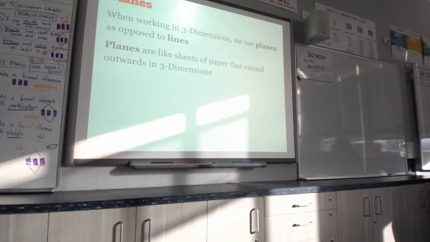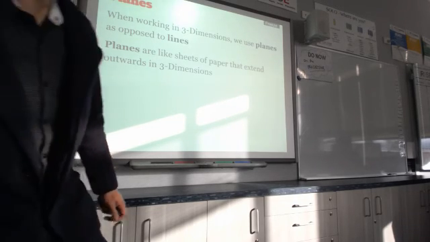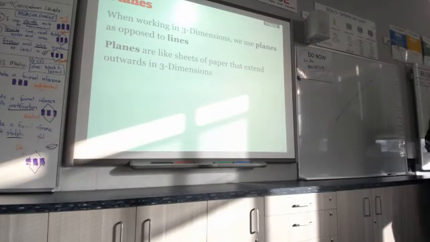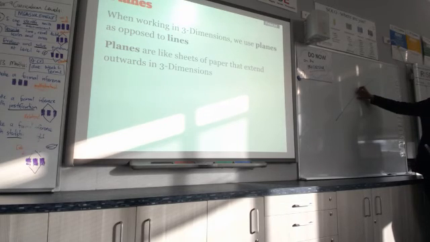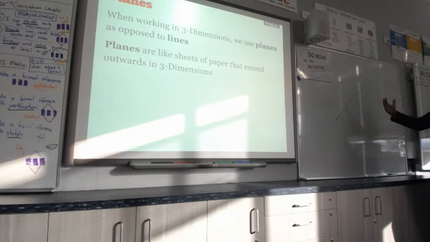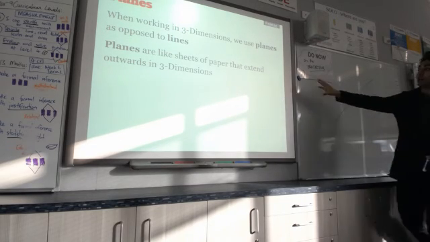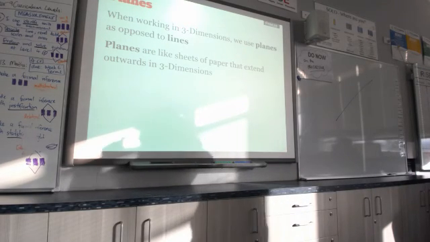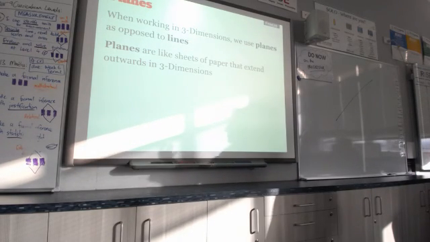So 3 dimensions means that when I'm on the board and I draw a line, that's only 2 dimensions because you've got a height and a width, but it doesn't come out to you. That's on the paper. When you're watching TV, the screen is 2 dimensions. When you go to the movies and put on glasses, that's 3D because it's sort of coming out.